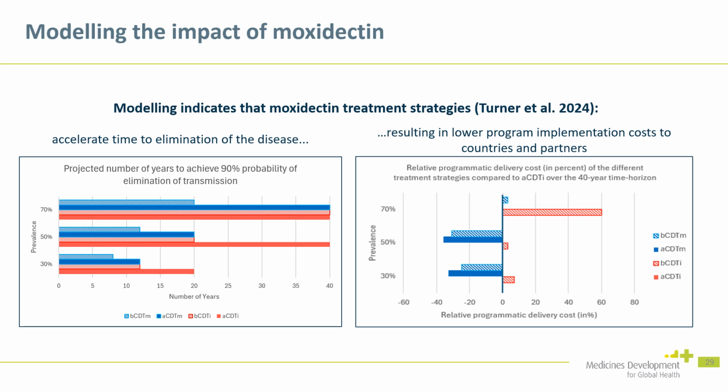Epidemiological modelling has shown that Moxidectin has the potential to contribute to greater probabilities of elimination and with fewer rounds of treatment.